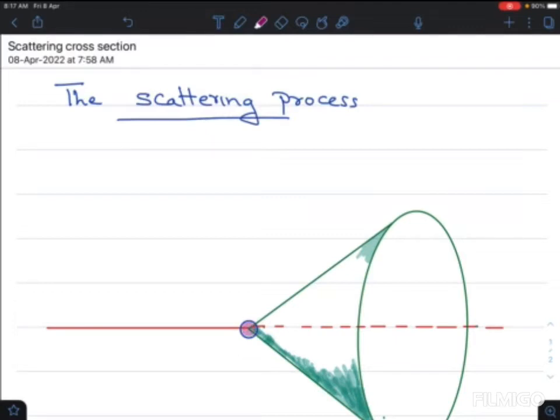This is the target. This we call the scattering center.